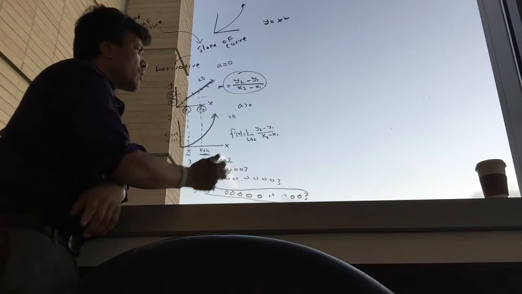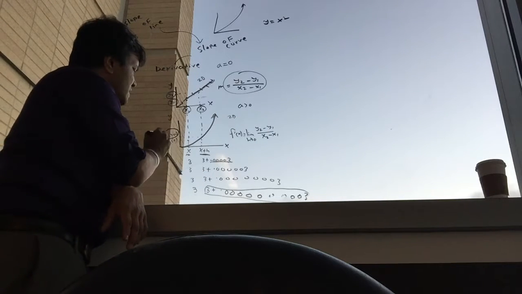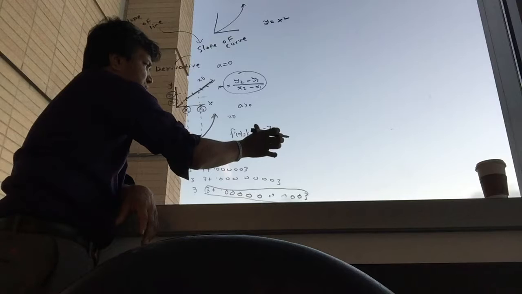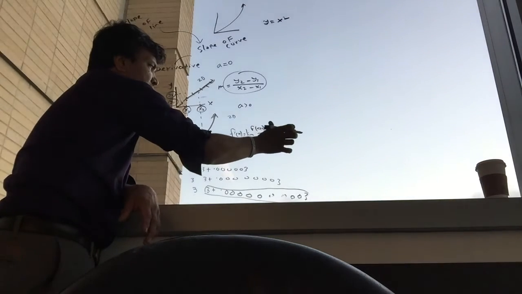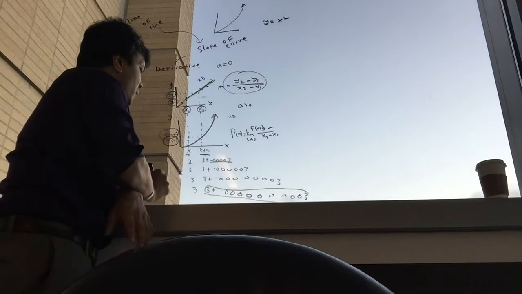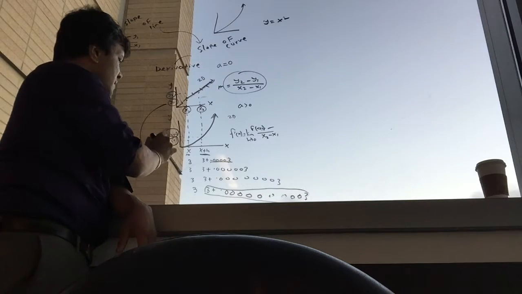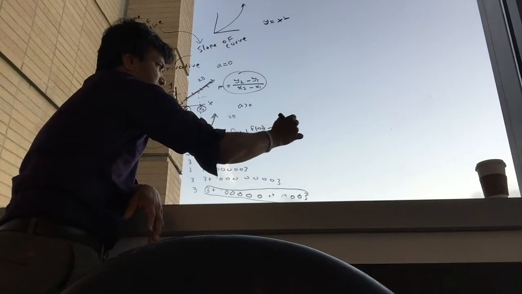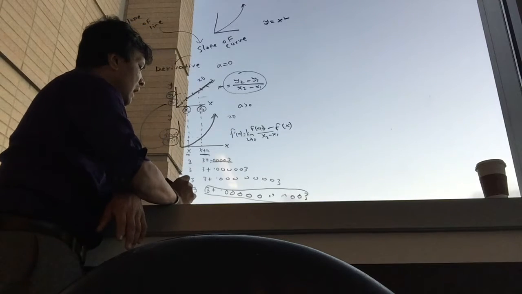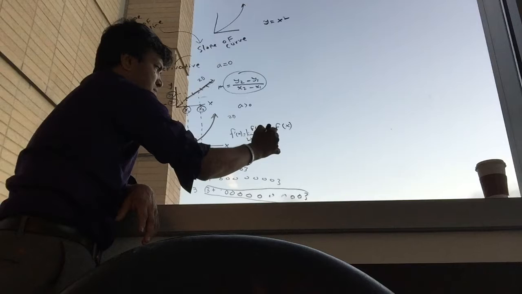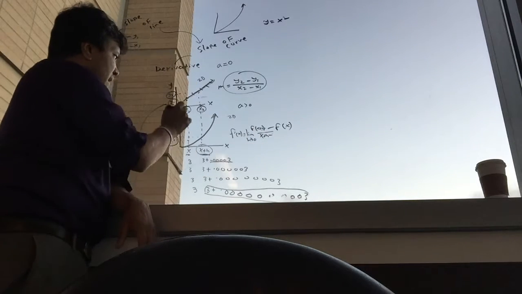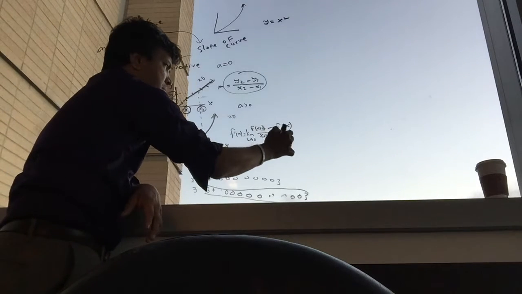Okay. Our y2 is f of x plus h, and minus our y1 is f of x. x2 is x plus h, and x1 here is x.